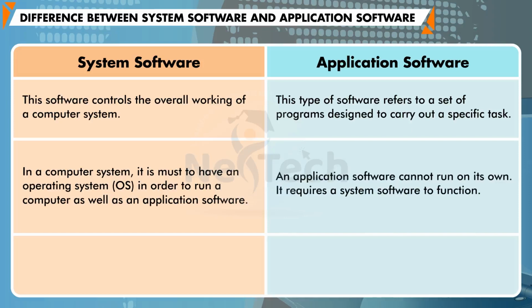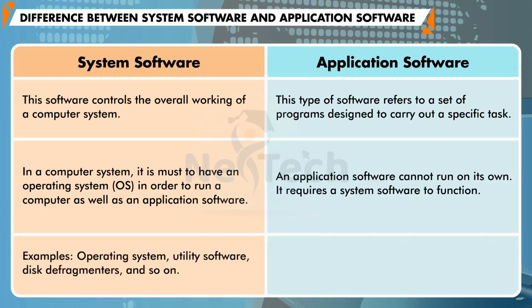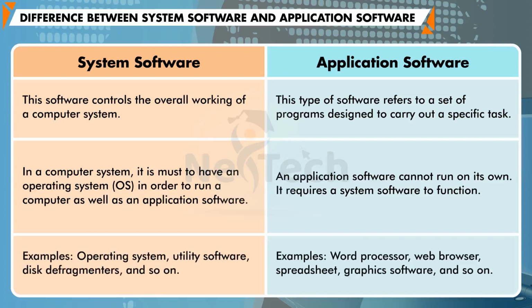An application software cannot run on its own. It requires a system software to function. Examples of system software: operating system, utility software, disk defragmenters, and so on. Examples of application software: word processor, web browser, spreadsheet, graphics software, and so on.